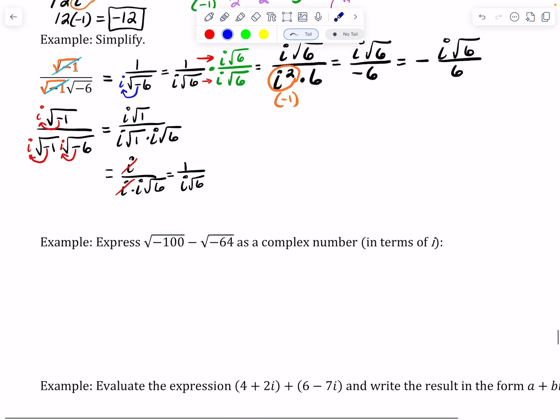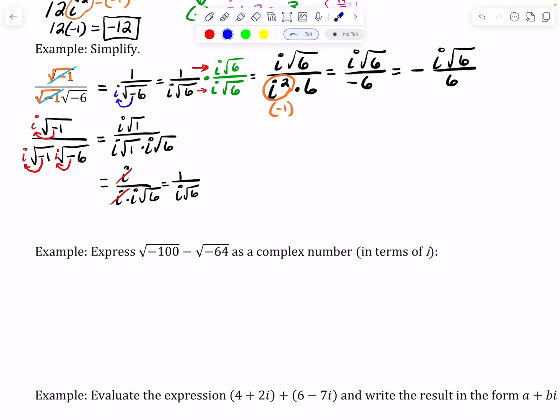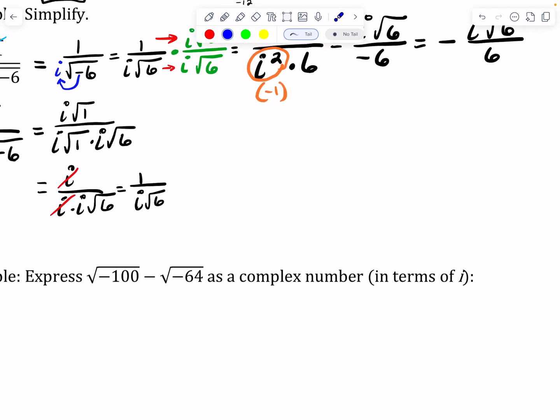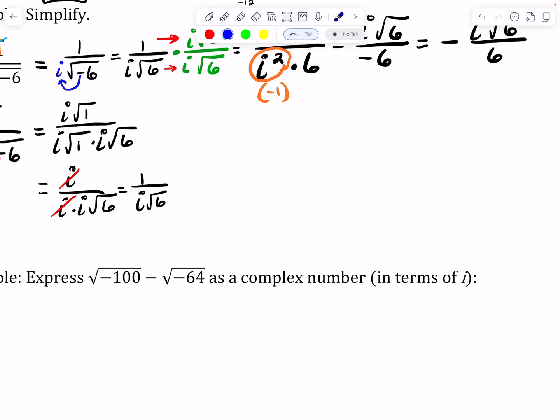So let's do this again, just so we can walk through it one more time. We're not allowed to have I or a square root on the bottom of our fraction. So for us to get rid of that, we're going to multiply by I root 6 over I root 6. And then we do top times top, bottom times bottom.